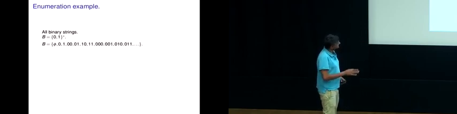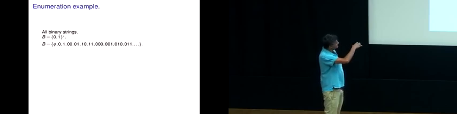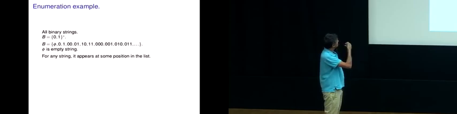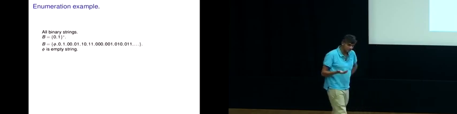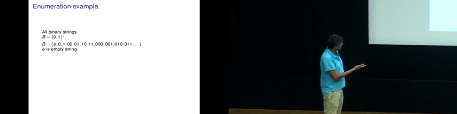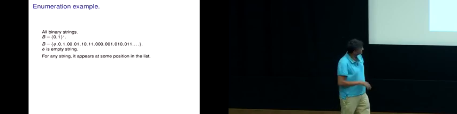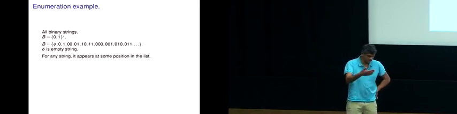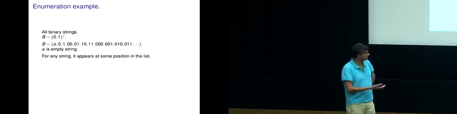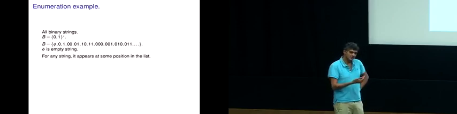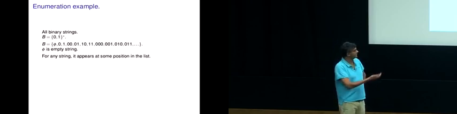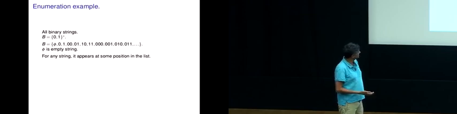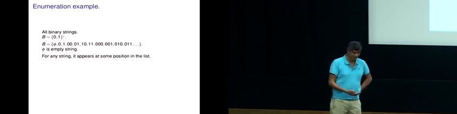In this enumeration, it seems trivial, but I'm doing something a little bit carefully here. Let me argue that every string does appear in this enumeration. This enumeration enumerates all the strings of length 0, that's the empty string. Then it enumerates all the strings of length 1, which are 0 and 1. Then all the strings of length 2, and so on, and all the strings of length 3.